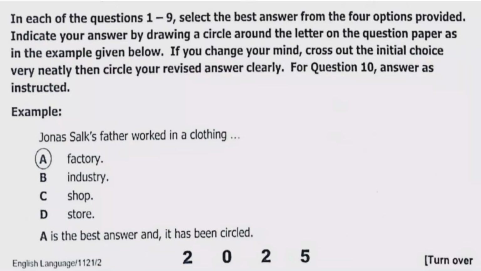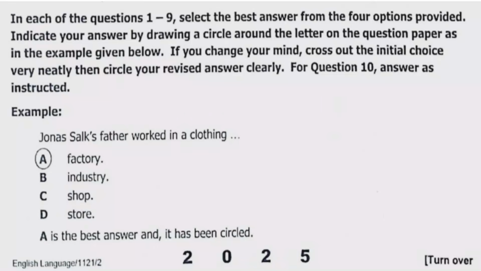For question 10, answer as instructed. We have an example here: Jonas Salk's father worked in a clothing dash. A, factory; B, industry; C, shop; D, store. A is the best answer and has been circled. That's how they want us to be circling our answer, just like they have demonstrated.